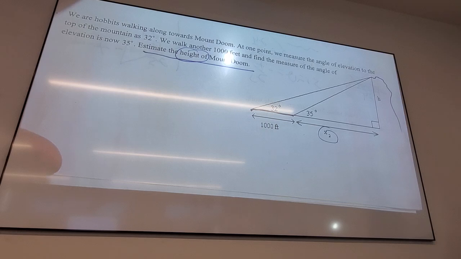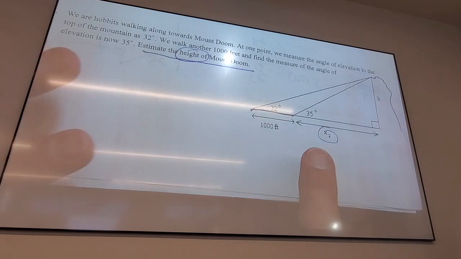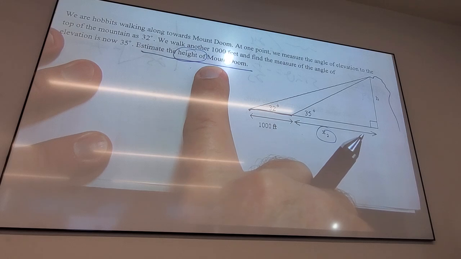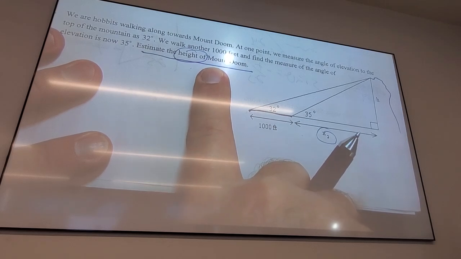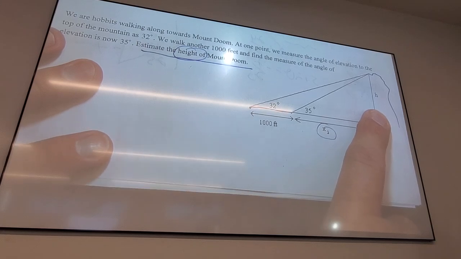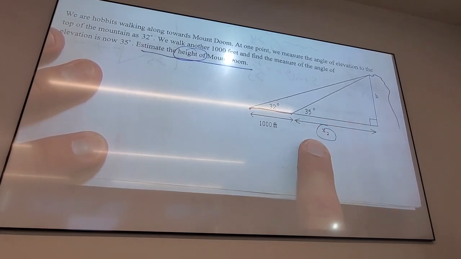So can't I set up, for each right triangle, a trig statement? Which variable do you not care about? Careful, they want me to estimate the height. So which variable do we care a lot about? H. Which variable do they not tell me or ask me about? X. X2, yeah, X1.